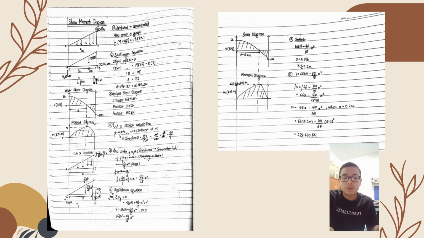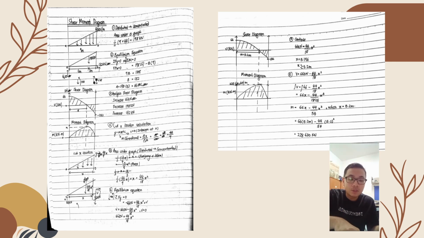So we proceed to the moment diagram. How do we find M? Using X equal to 5.2 meter, we use back the equation V equals 66 minus 44/18 x square, and then we integrate it to get the moment equation.